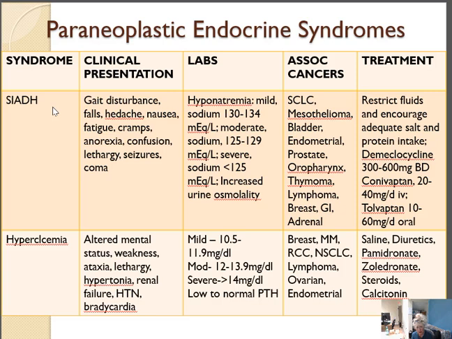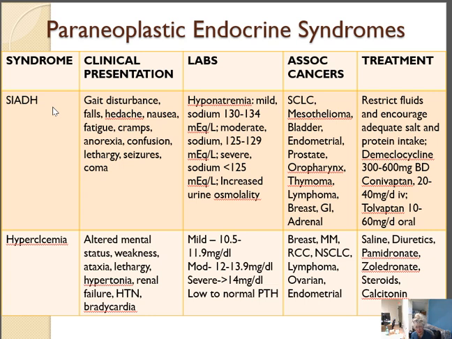Mild is between 10 and 11.9, because typically your calcium levels are like 8 to 10. Moderate, and then you see severe. You can get hypercalcemia in breast cancer, multiple myeloma, renal cell cancer, non-small cell lung cancer, lymphoma, ovarian, and endometrial. Lots of cancers.